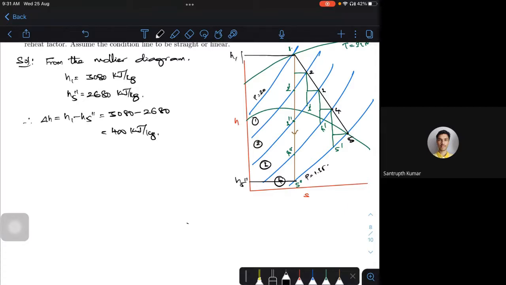Okay. So what is your internal efficiency? Just we have defined it in the last class. What is the internal efficiency? The internal efficiency eta I is equal to, what is it actually? You remember or not?